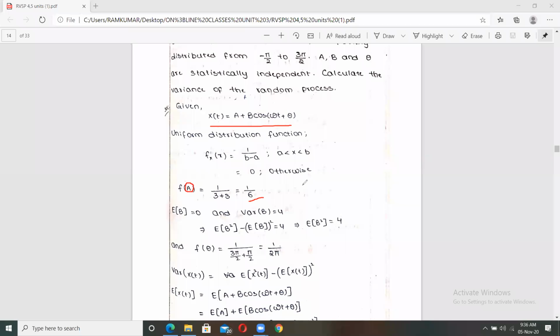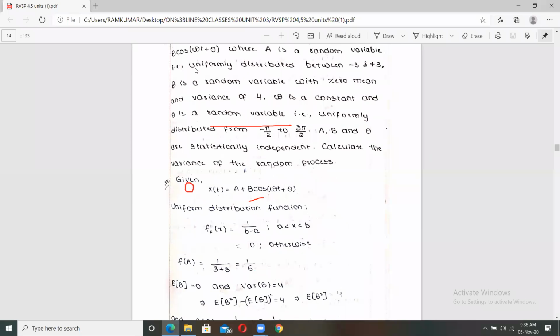And also, he has given in the problem that B is a random variable, right? B is a random variable with 0 mean and variance of 4. And a, b and theta, all these are random variables. Okay.